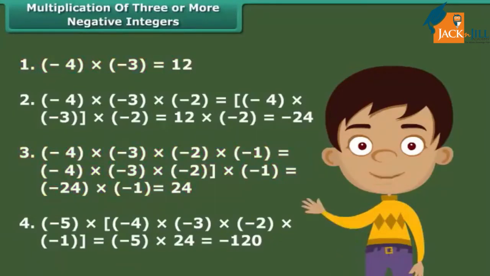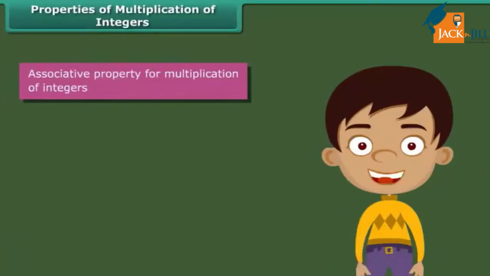And the number of negative integers that are multiplied in 2 and 4 are odd, and the products obtained in 2 and 4 are negative integers. Hence, we can say that if the number of negative integers in a product is even, then the product is a positive integer. And if the number of negative integers in a product is odd, then the product is a negative integer.